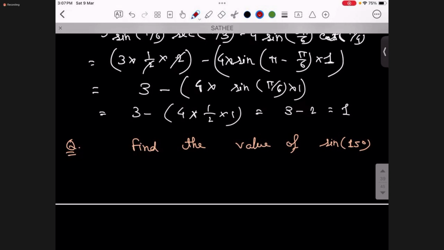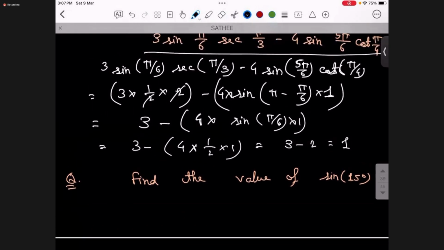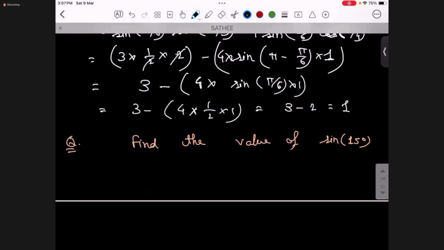So we need to manipulate this 15 degree angle with the help of known angles. One can use this kind of thing: 15 degrees can be equal to 45 degrees minus 30 degrees, or it can be of the form 60 degrees minus 45 degrees.